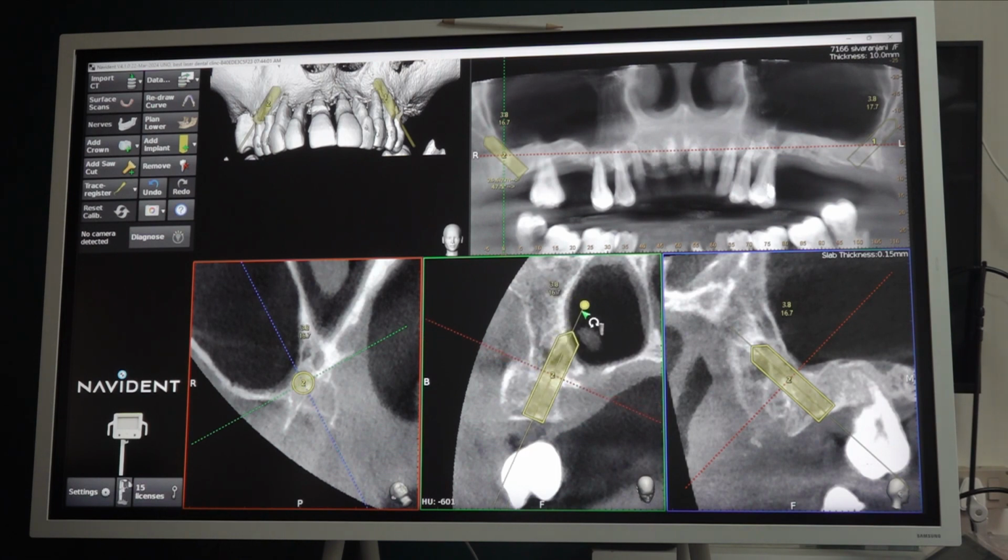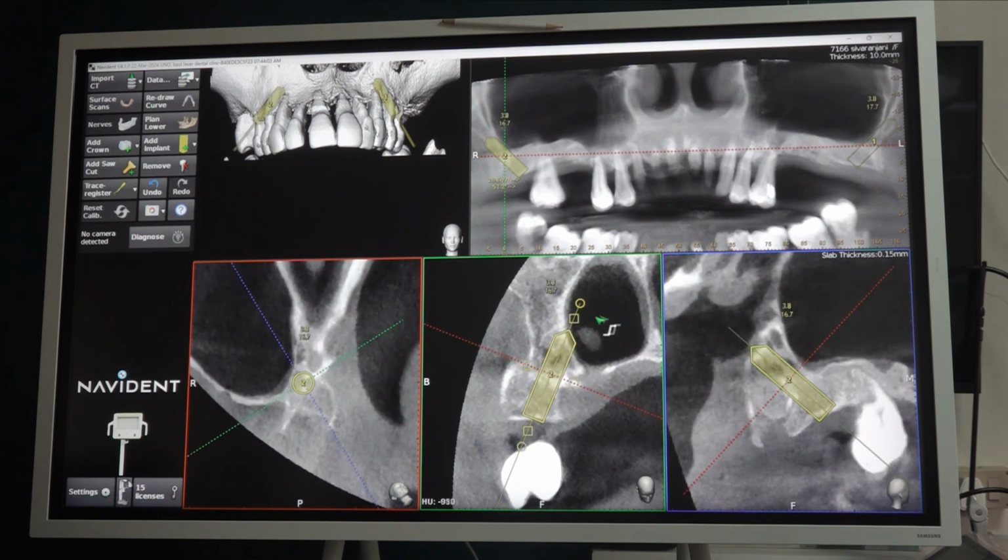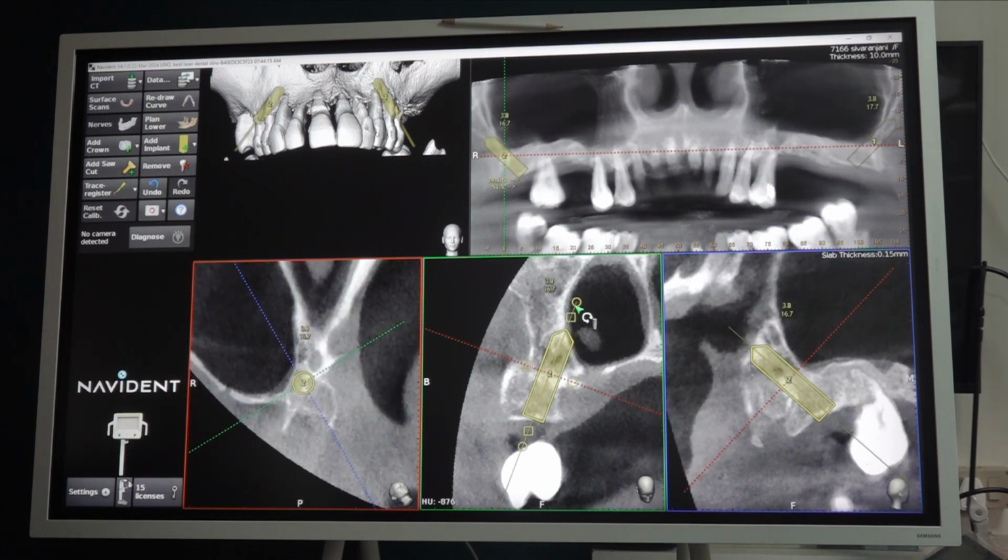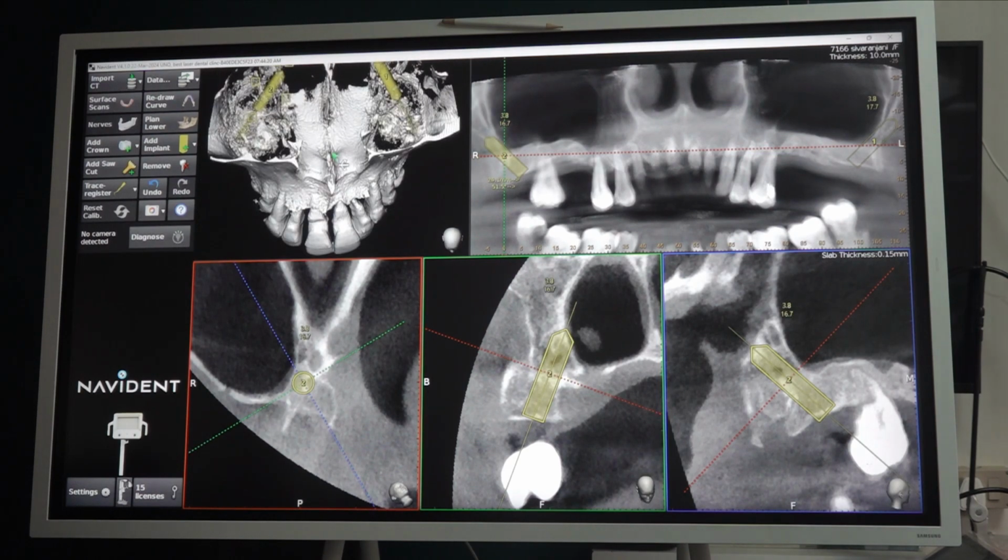The more mesially you go, you are entering the nose. Nose, it's not sinus, it is nose. Actually, nasal cavity, you should say nasal cavity. In the nasal cavity you have two parts, anterior and posterior, right? See, here you can see.